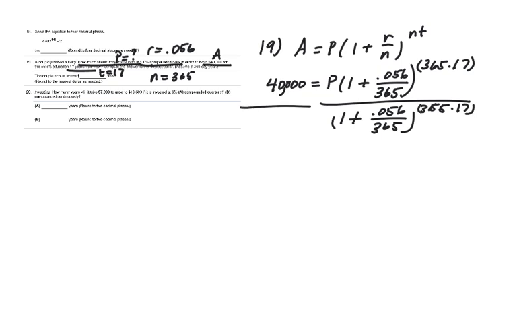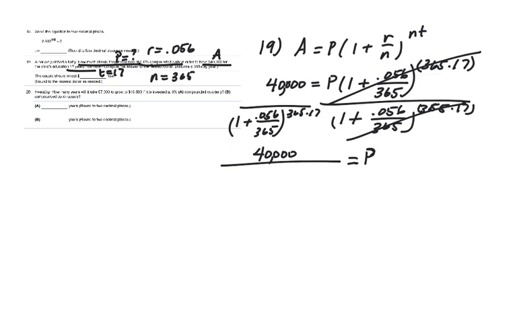Okay, and if I do that to the right side, I want to do the same thing to the left. On the right side, those expressions will cancel and leave me with P. And on the left side, we have that P is equal to 40,000 divided by 1 plus 0.056 divided by 365 raised to the 365 times 17.